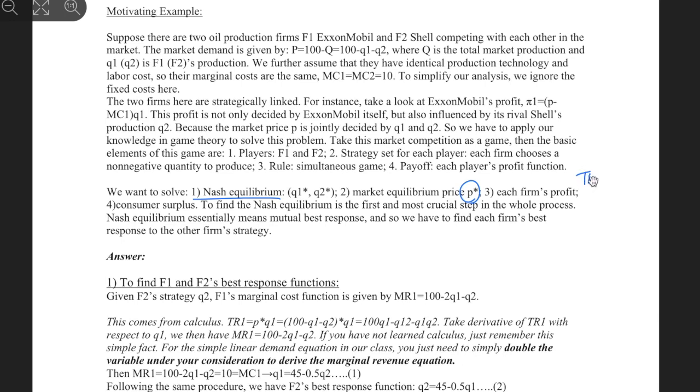We want to know profit 1 and profit 2. And four, we want to know the consumer surplus CS, and we can move on to social welfare also as number five, right? Okay, so how can we find the Nash equilibrium?